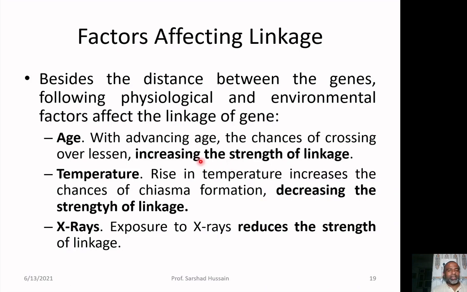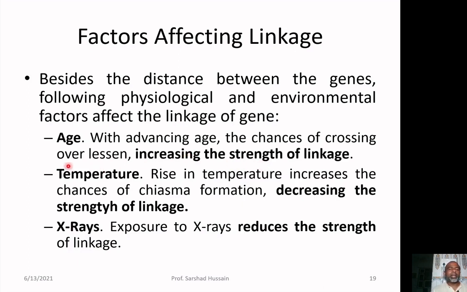It is because of this reason that the doctors often prescribe that the male and female must get married at a suitable age, not in the late age, because in the late age you may not have a good chance of crossing over. As a result, your offspring will not be having the variations, and that is not a good sign, because variation is good for evolution to occur, and good for the individual for its strength and vigor.